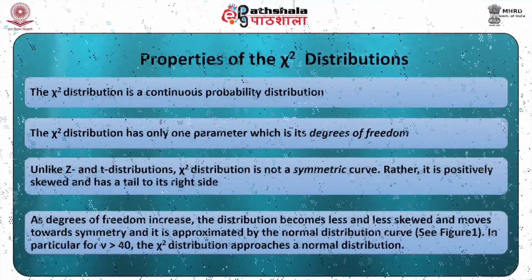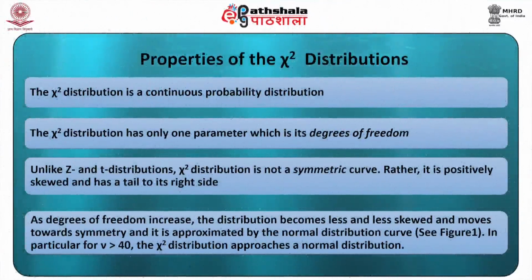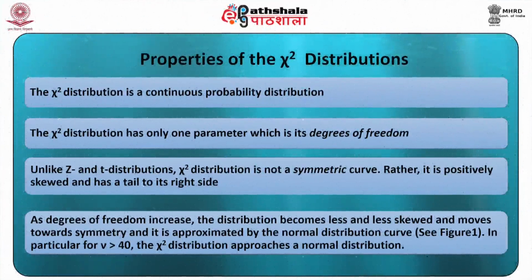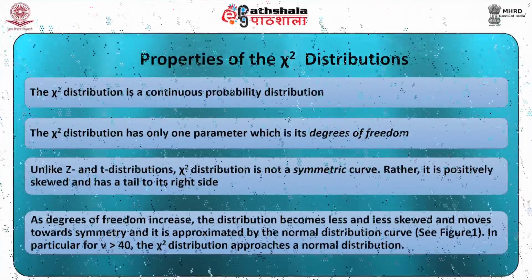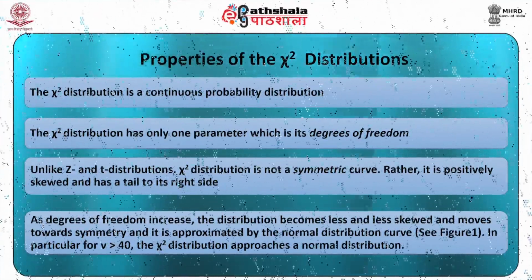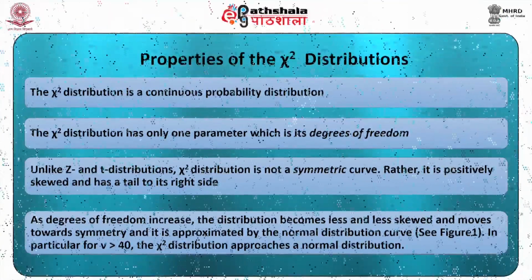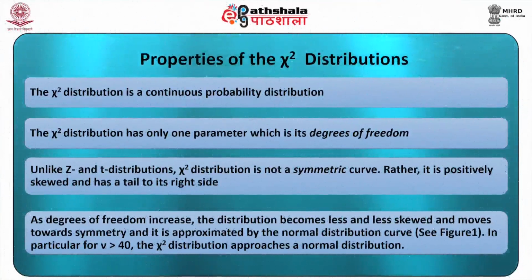The chi-square distribution is basically a continuous probability distribution. It has only one parameter, which is its degrees of freedom. Similar to the t-distribution, we use the chi-square nu notation to suggest that the distribution is always defined for a given value of degrees of freedom, and as the value of nu changes, the shape of the distribution also changes.